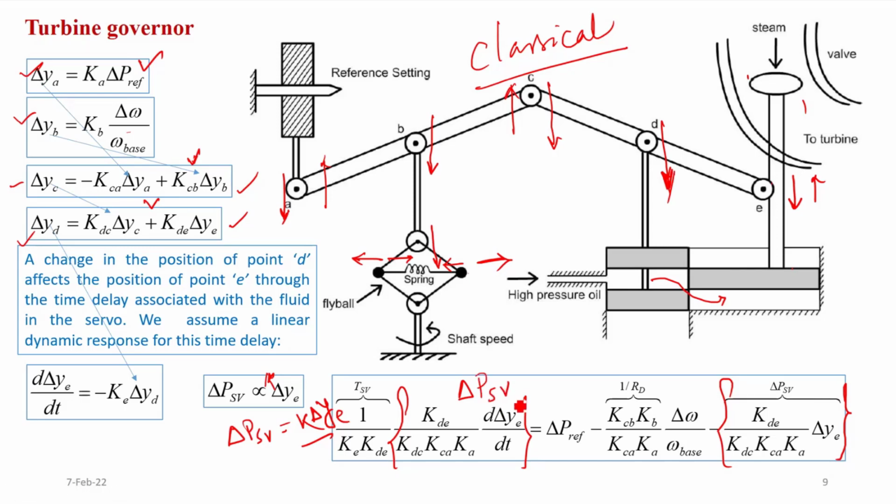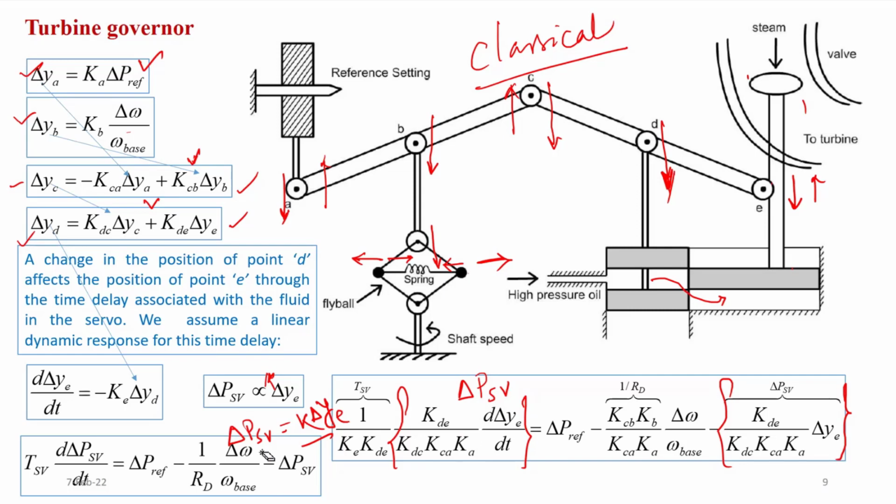Now if I write this perfectly in equation form, with the constants as constants, this term is your TSB, and this term will be your 1 by RD. This is your regulation.